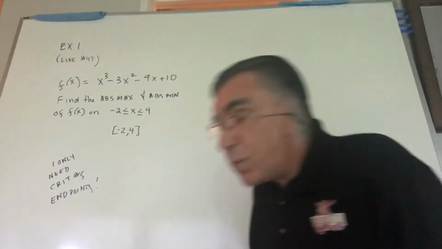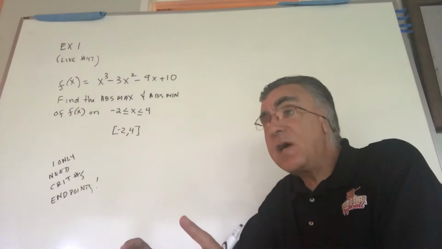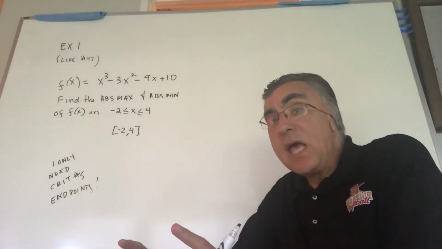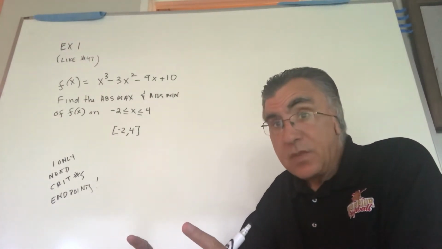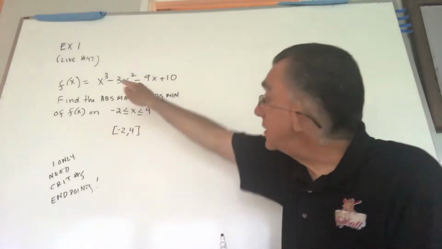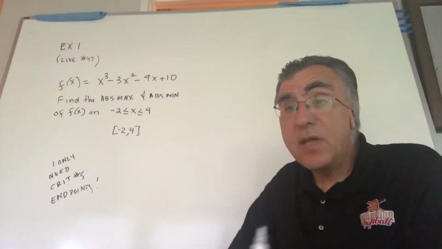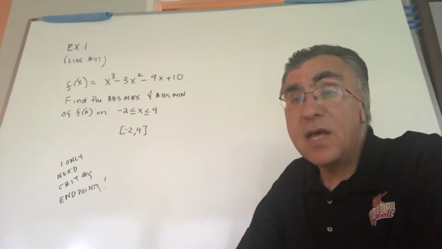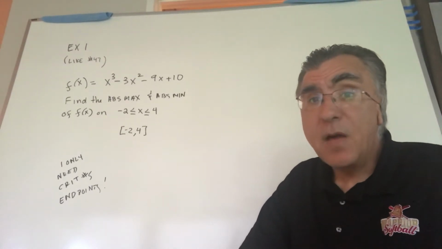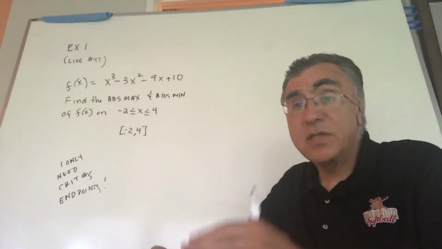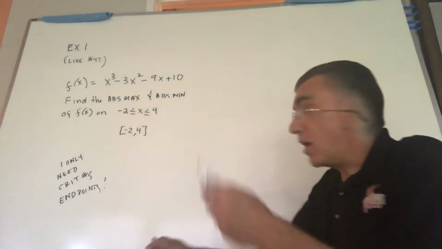What I'm going to do is find those critical numbers and the endpoints, and those will be x values. Then I'm going to put those x values back into the original equation to get the y values, and once I do that, I'll be able to find the biggest y value and the smallest y value.